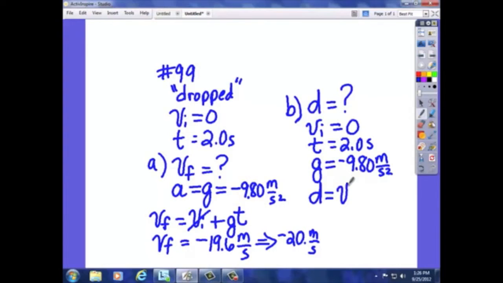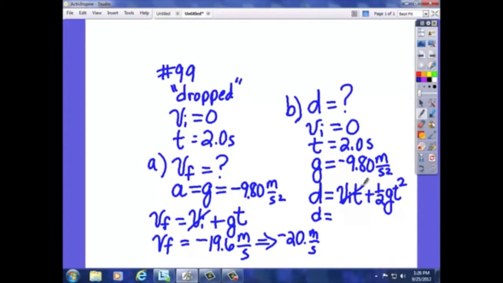The displacement is the initial velocity times the time plus 1/2 the acceleration, in this case it's g, times t squared. I can solve directly because I already have it isolated on the left, and I can understand again the initial velocity was 0, which 0 times anything is going to take out that entire term. And then I'm going to put in 0.5, that's 1/2, times negative 9.80. You can't forget your negative 9.80.